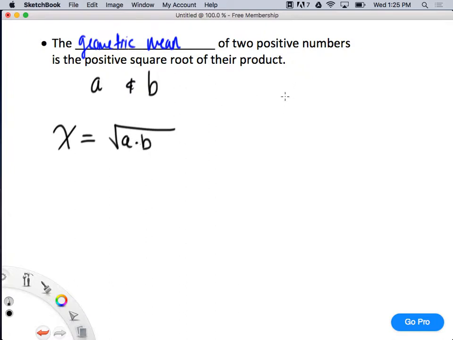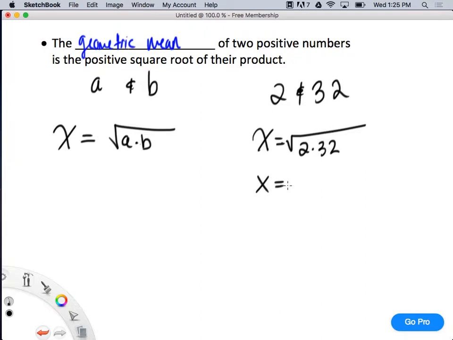Okay, so let's say I have 2 and 32. Then the geometric mean will be the square root of 2 times 32. What's 2 times 32? 64. So the square root of 64 is 8.